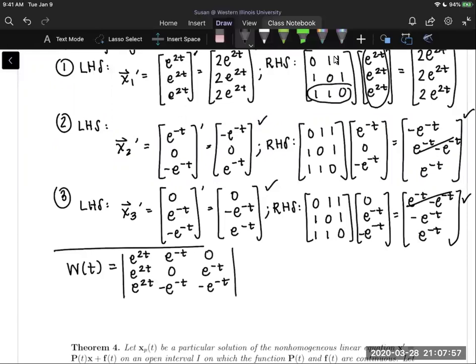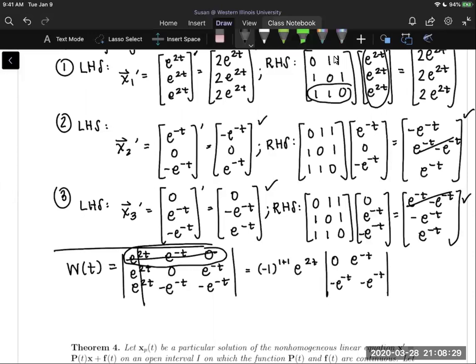So I'm just going to go ahead and expand along the top row. So I'm going to get my negative 1 to the 1 plus 1, e to the 2t, times that cofactor matrix. So if I strike through, I get 0, e to the negative t, negative e to the negative t, and negative e to the negative t.